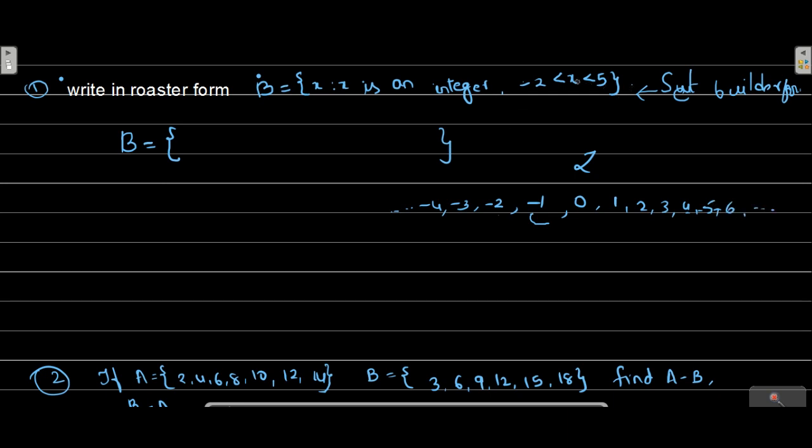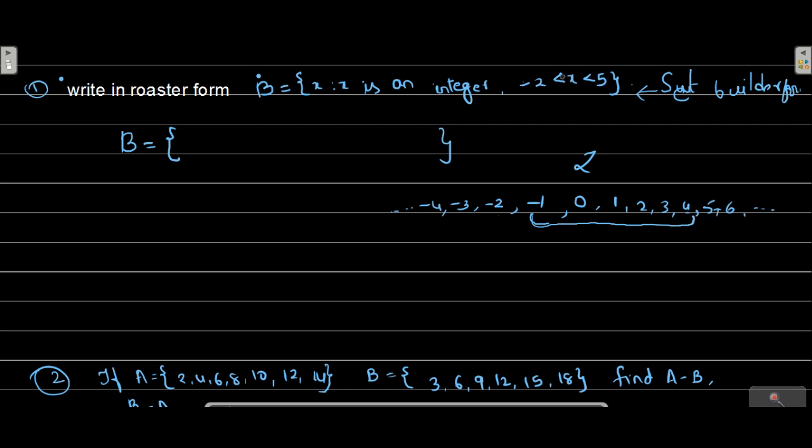And the x value is less than 5. 5 means we should not be including 5. It is because it is less than 5. So the values are -1, 0, 1, 2, 3 and 4. Why not 5 and why not -2?